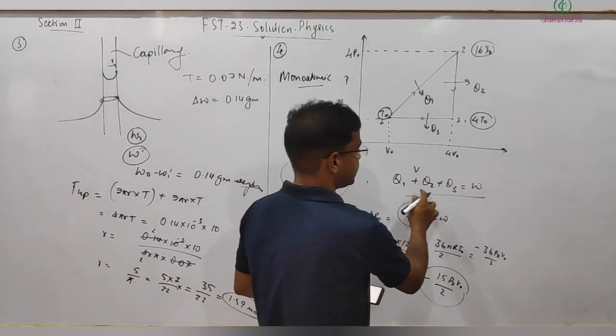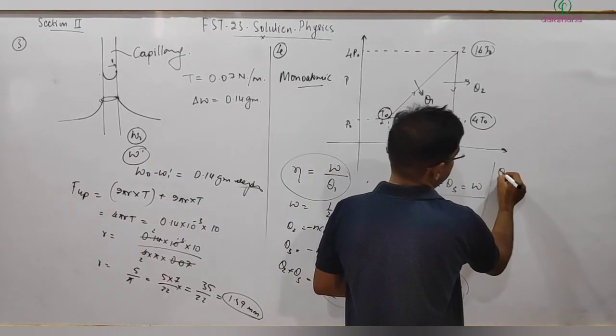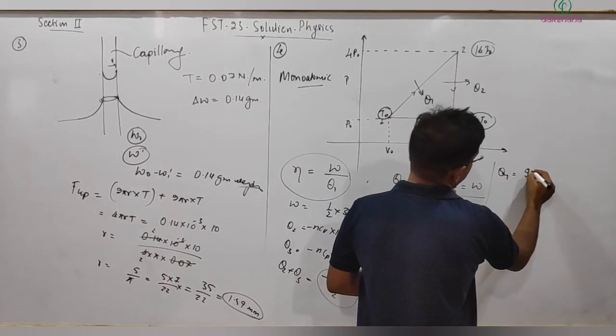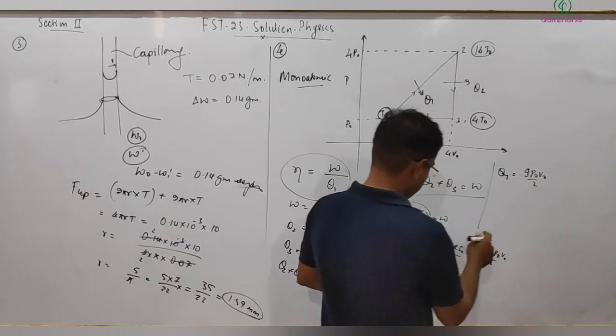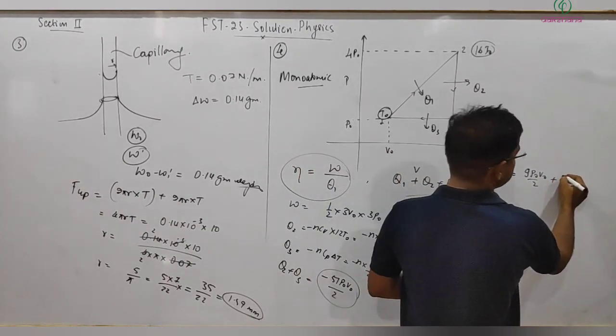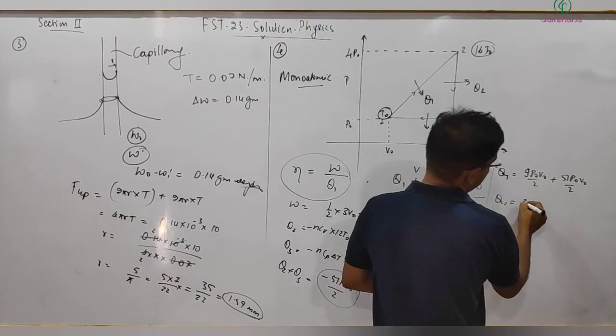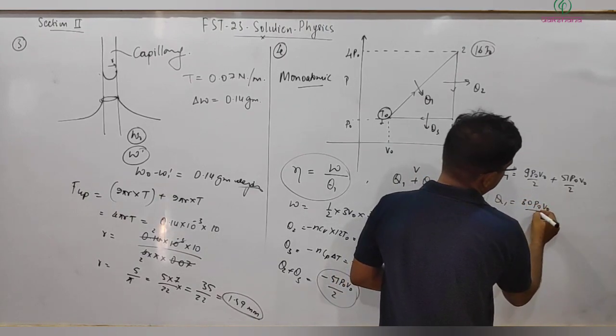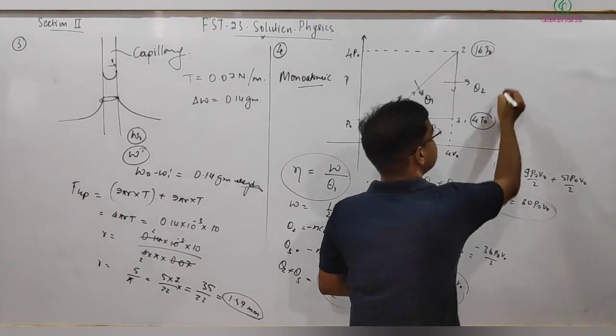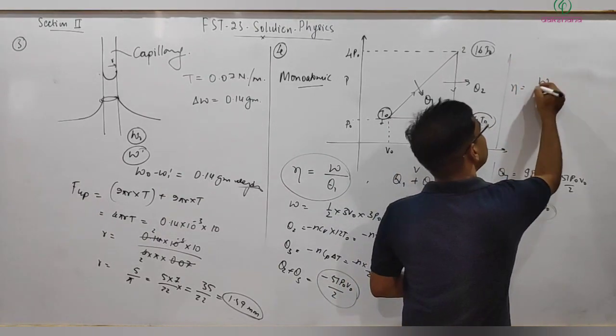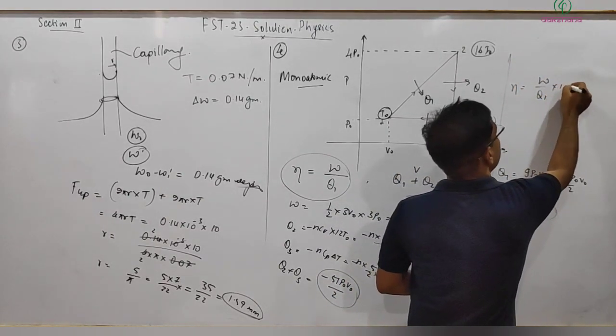Then by using this relation, I can write the energy supplied. Q1 is equal to 9 P0V0 by 2 (W) plus 51 P0V0 divided by 2. So Q1 is equal to 30 P0V0. Then the efficiency eta is equal to W divided by Q1 multiplied by 100.